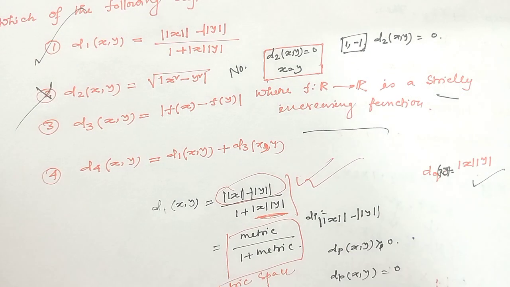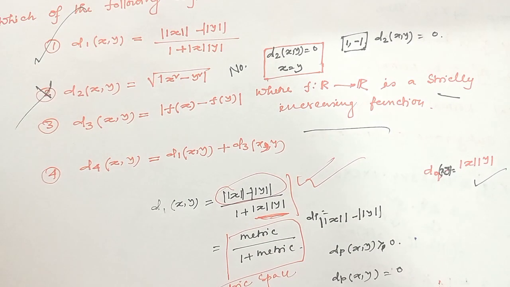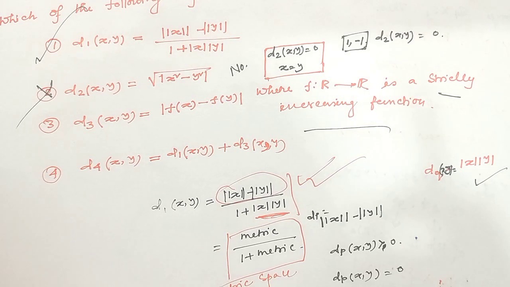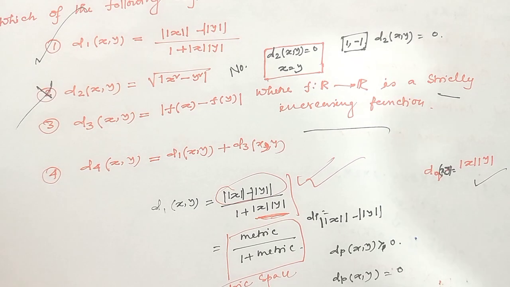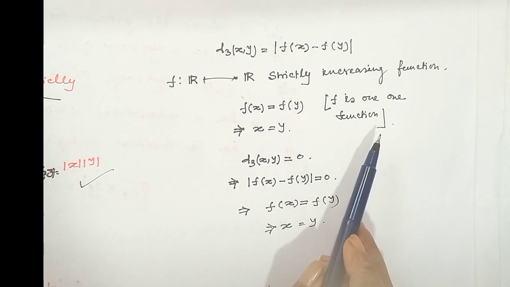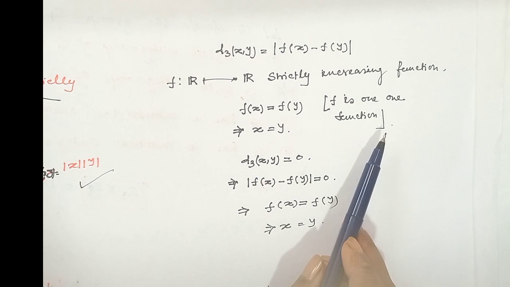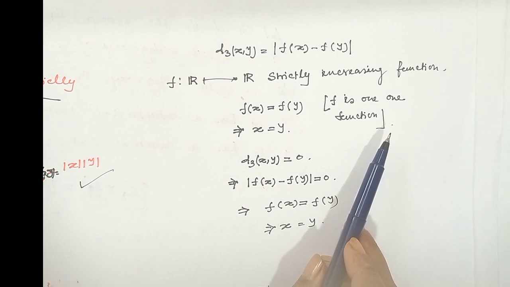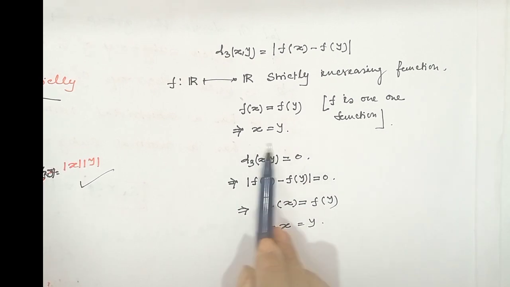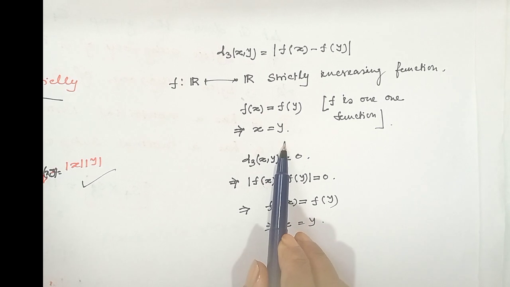Also here, given f is a strictly increasing function, obviously f is a one-one function, and one-one means if f(x) equals f(y), then that implies x equals y.